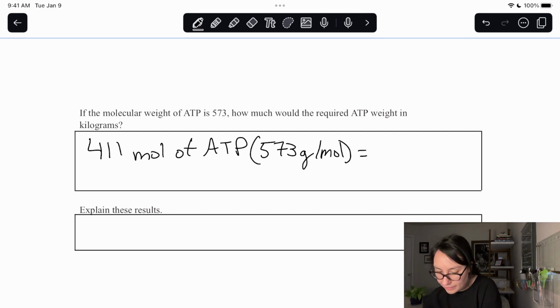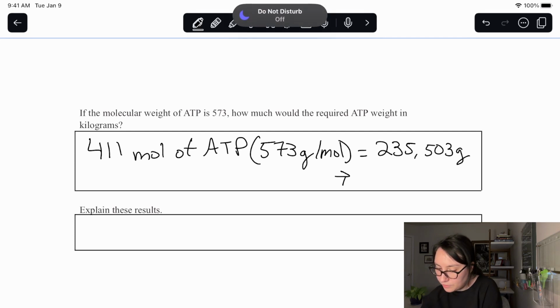And that's going to turn into a gigantic, huge number of grams, which you can then convert to 235 kilograms.